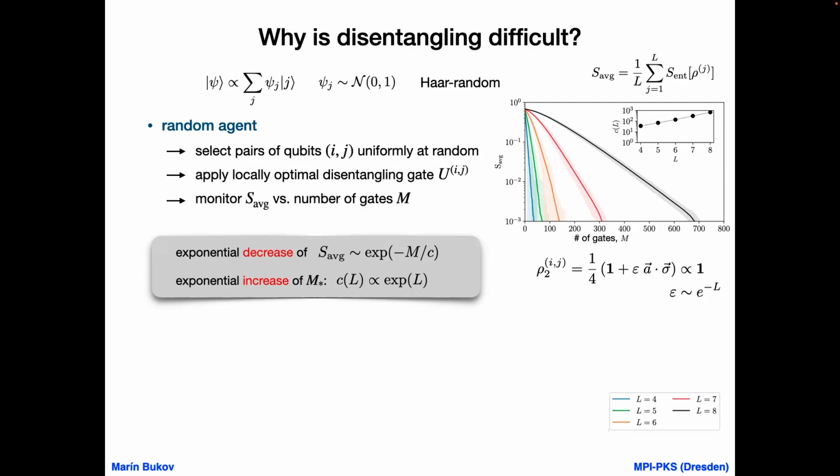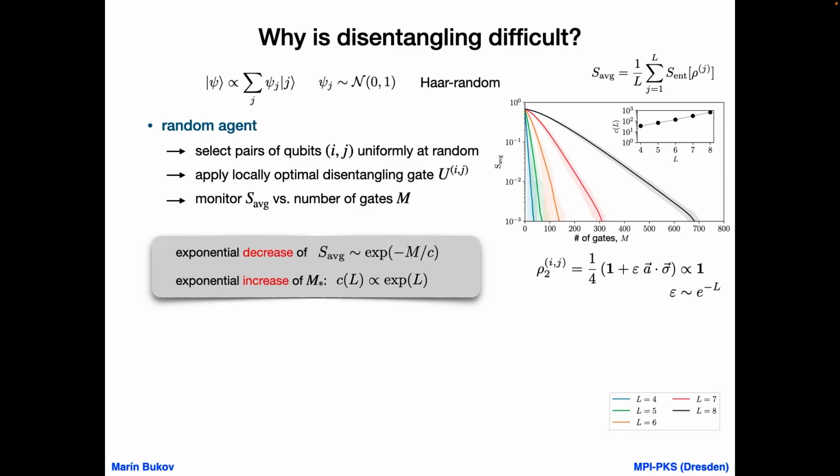So let me try to explain, at least intuitively, where it comes from. So as I've already shown to you, what matters for these two-qubit gates is essentially the two-qubit reduced density matrices. I mean, the rest of the state is not so important. So let's take a look at one of those. Any two-qubit reduced density matrix can be written in this form, where 1 is the 4x4 identity matrix, epsilon is some parameter, and then sigma is a vector of 16 Pauli strings, essentially, that we expand in the operator basis.